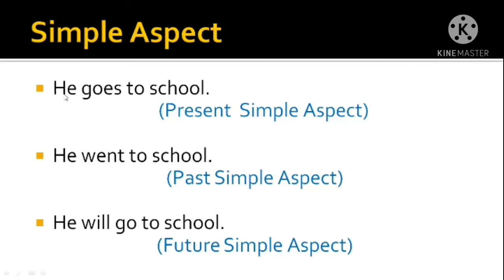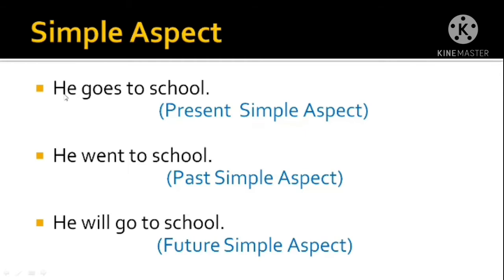So whatever you call it, whether it is an indicator or a maker, it is definitely helping us to make a future tense. And so here you have a sentence. He will go to school. This will go indicates that will is the future tense maker or indicator. Go is the V1, that is the base form of the verb.